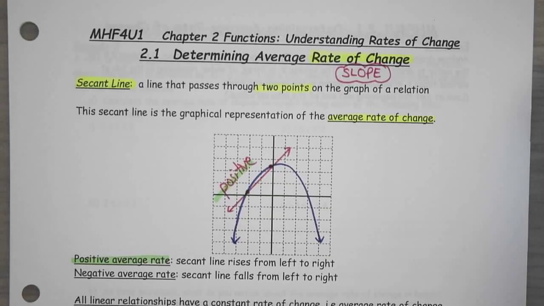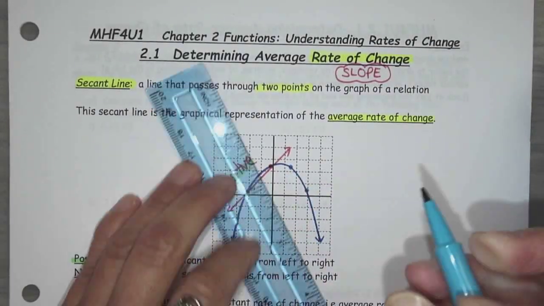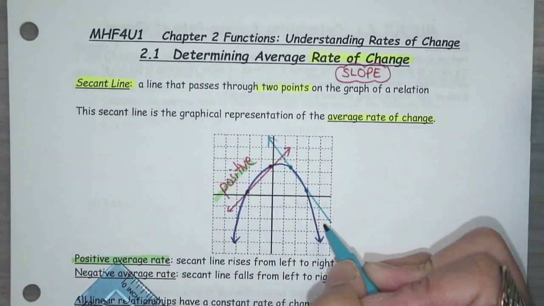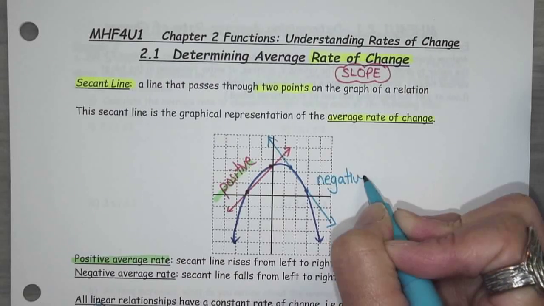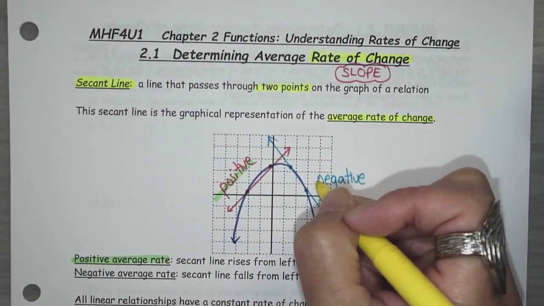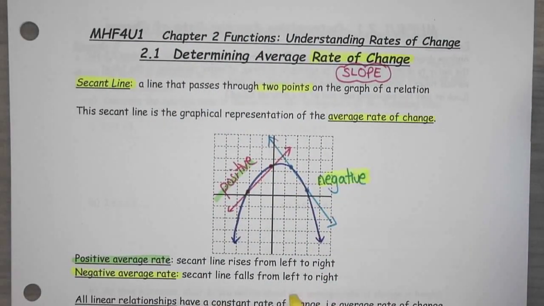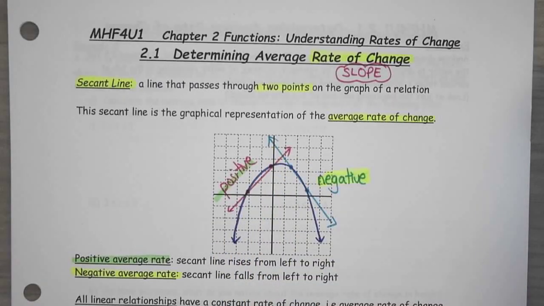When it's down here, if I do another one and ask about the average rate between this point and this point, this would be considered to be negative, so a negative average rate. So sloping down to the right is negative, up to the right is positive.